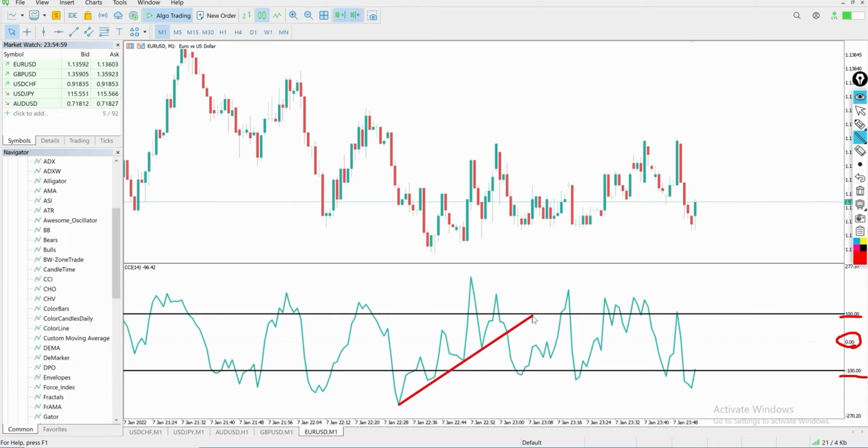It can serve as a confirmation for our analysis, but not as a standalone signal. For example, if we look at this point here, we can see that the CCI line touched this trend line several times. When it finally broke below the trend line, a bearish move occurred, which was followed by a series of red downward candles. So, this is another way we can use the CCI indicator.